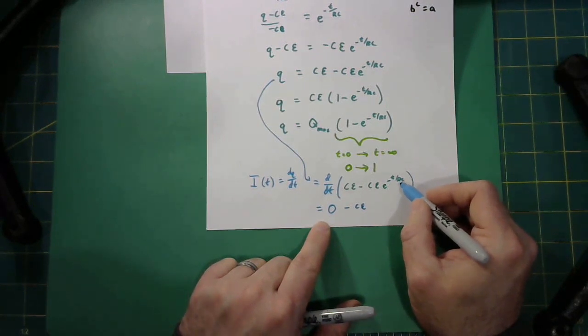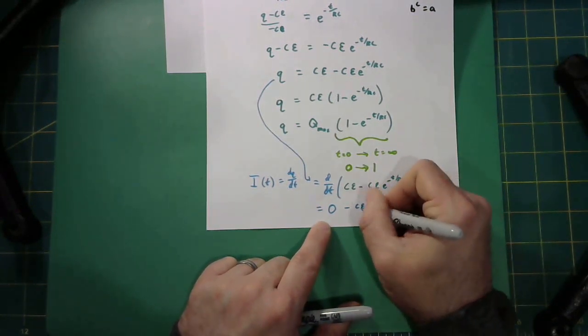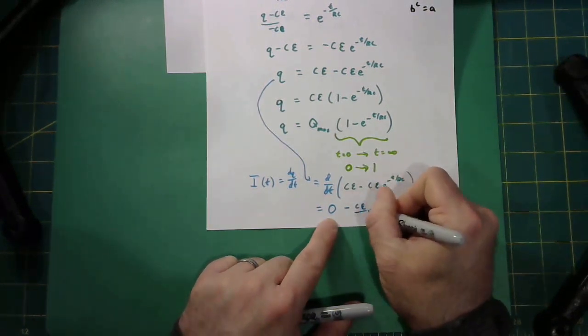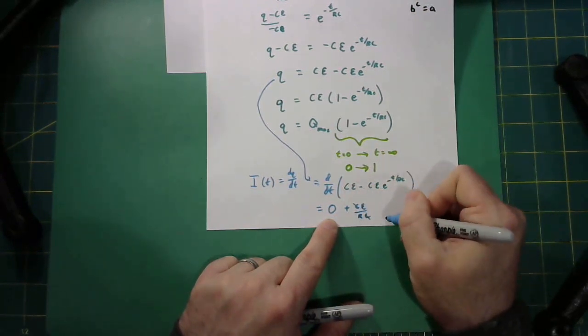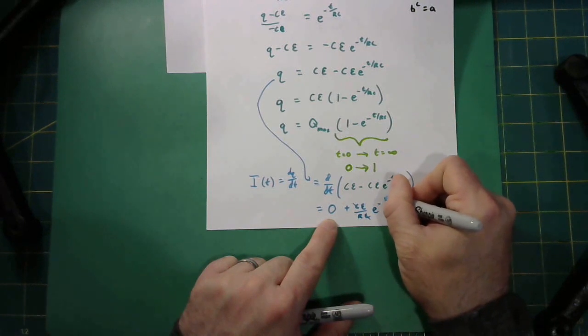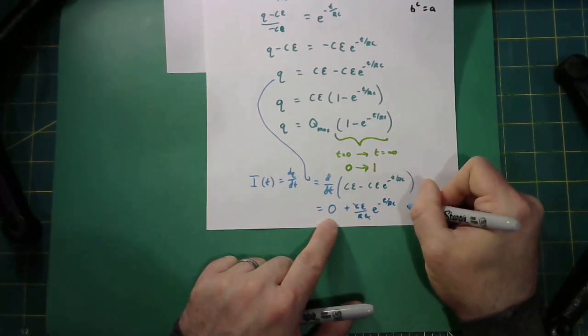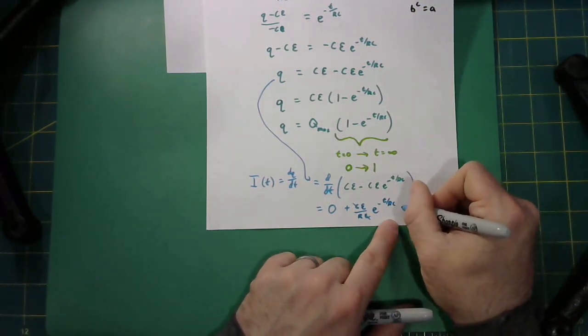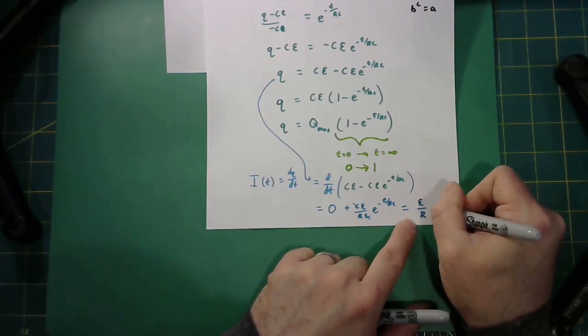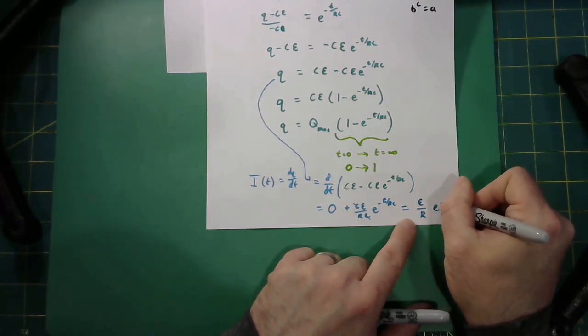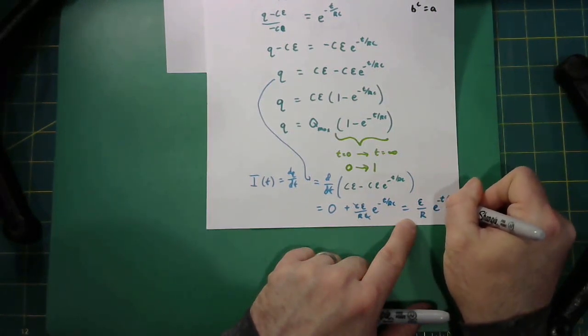So it's going to kick out a negative 1 over RC. So a negative 1 over RC, and the C's are going to cancel, times e to the negative t over RC. And so what I'm going to get out of this is that the current is EMF over R times e to the negative t over RC.